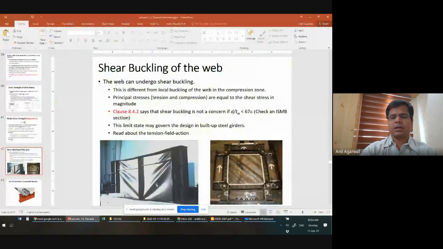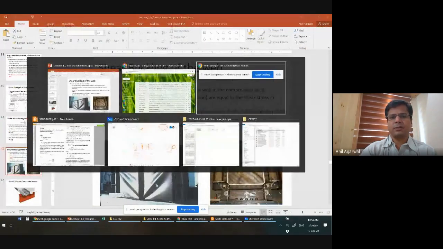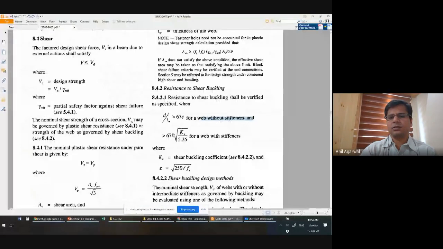So this kind of buckling can take place, and if you provide some kind of stiffeners, then this buckling resistance improves, and that's why we can limit this value.